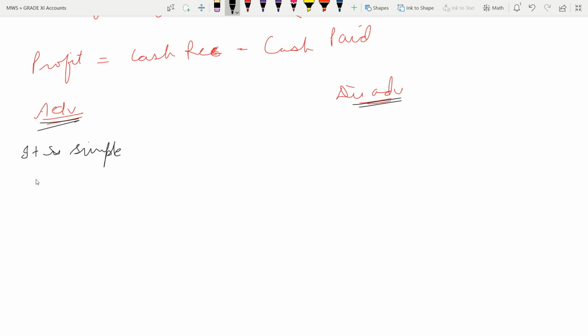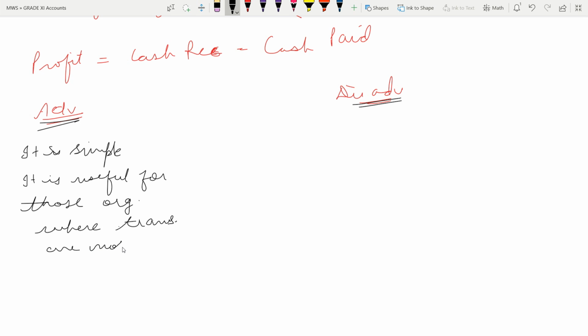After that, we can say that it is useful for those organizations where transactions are mostly on cash basis, where the transactions are cash transactions.